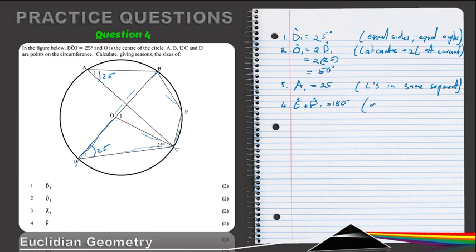So the reason is opposite angles of a cyclic quad. And then D1 being 25, so E is equal to 180 degrees minus 25 degrees, and that gives us 155.